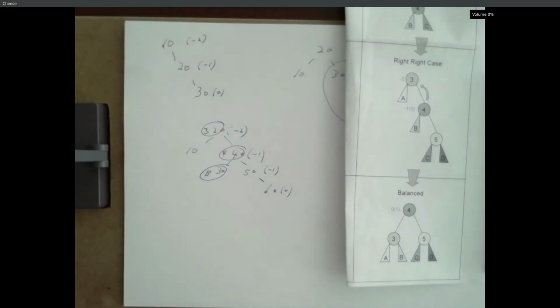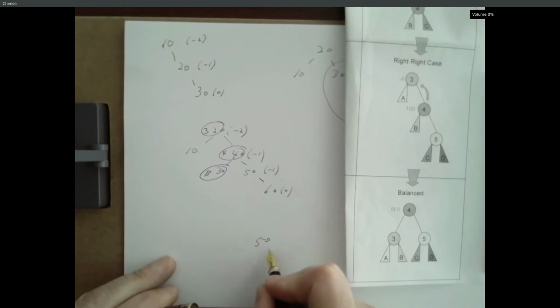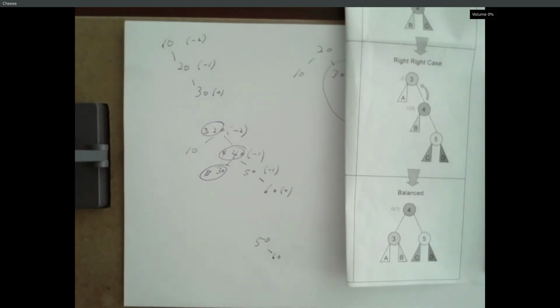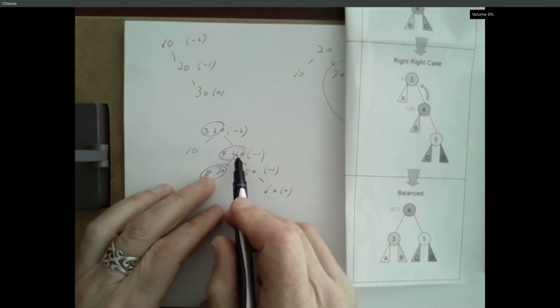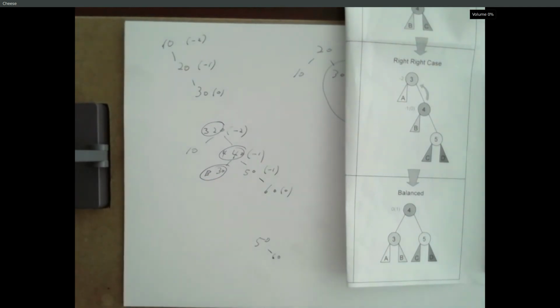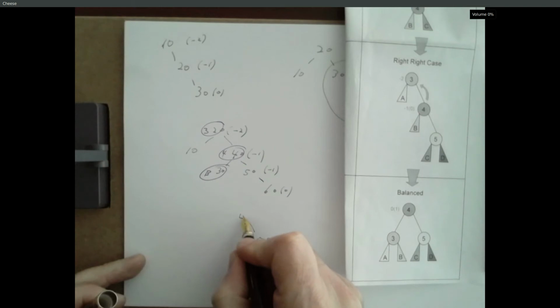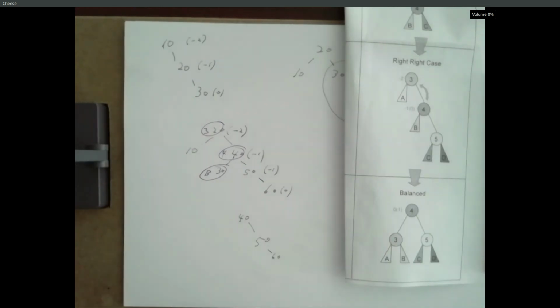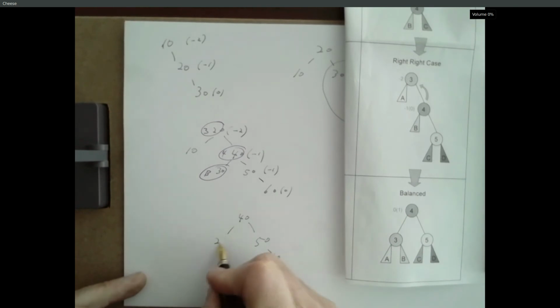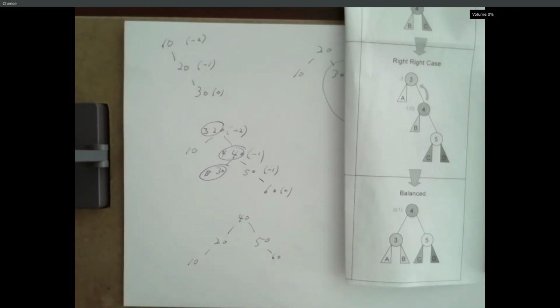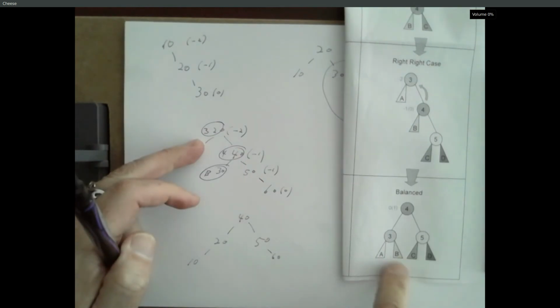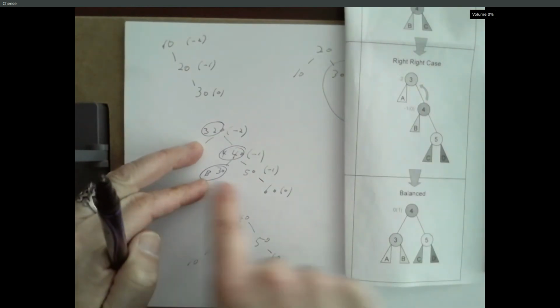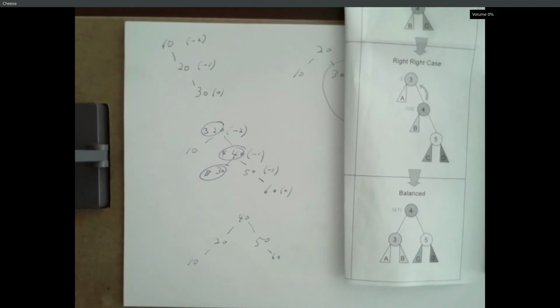So this is just going to be a 50 with a 60 on the right. Node 4 is going to become the root. So that's going to be a 40. 4's left child is going to be node 3, which is going to be our 20 and our 10. And node 3's right child is going to be B, which was 4's left child, which is the 30. So now your tree looks like this. And that's nicely balanced.